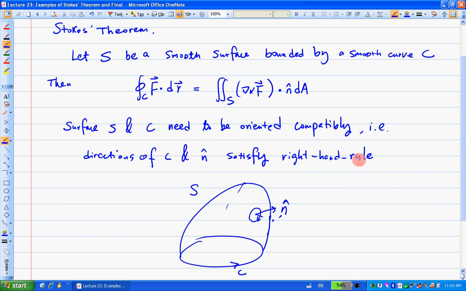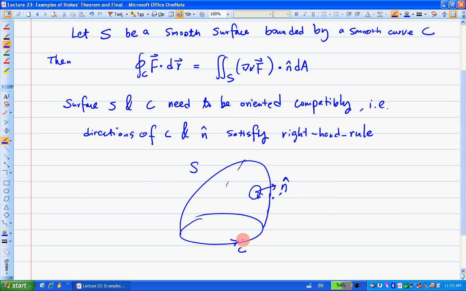The question gives you the direction of C, then you have to pick a proper n hat based on the right-hand rule. For example, if C is picked as counterclockwise looking from the top, then according to the right-hand rule, the n hat direction for any S bounded by C is pointing out right here.